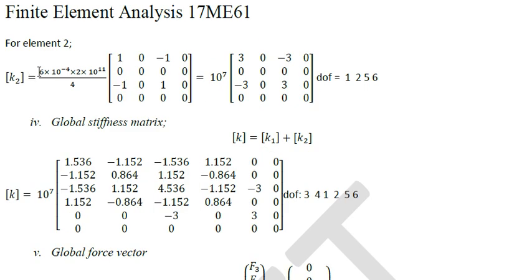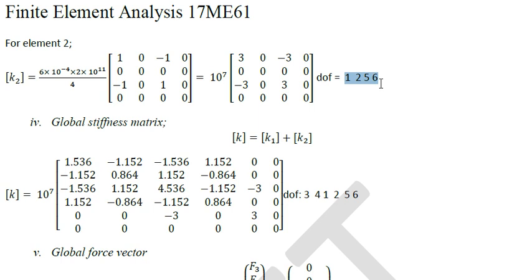Similarly for element 2, K2 is A E by L, where L is 4. After substituting these values, I will get the same common factor 10 power 7 taken outside. Here the degrees of freedom are 1, 2, 5, 6. Initial node is 1, final node is 3.